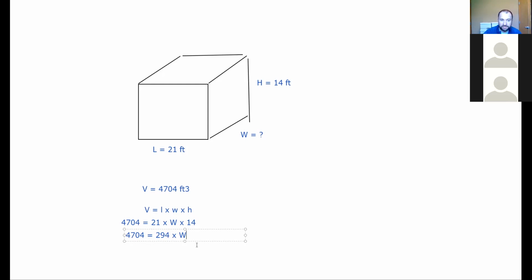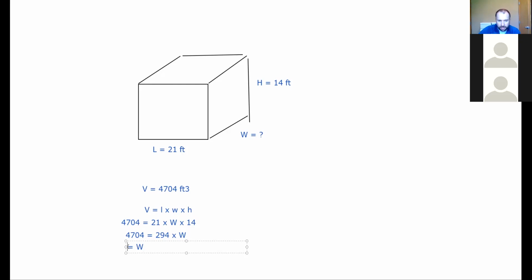So we're going to divide both sides of the equation by 294. 294 divided by itself comes out to just W, right? Because 294 divided by 294 is 1. 1 times W is just W. So we've eliminated the 294 on this side, which is the point of doing the opposite.